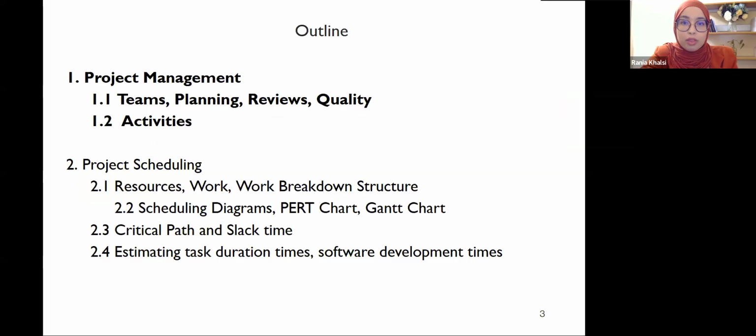We are going to cover some techniques on how you can design the schedule of your project, how you can estimate how much time it will take to finish the project, how early I can finish a specific task and the project itself, or what would be the worst expectation to finish the project. So we will be going through all of these steps during today's lecture.